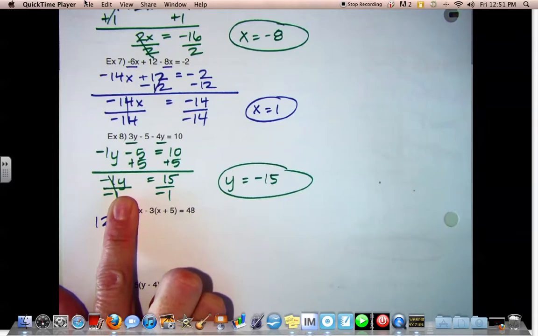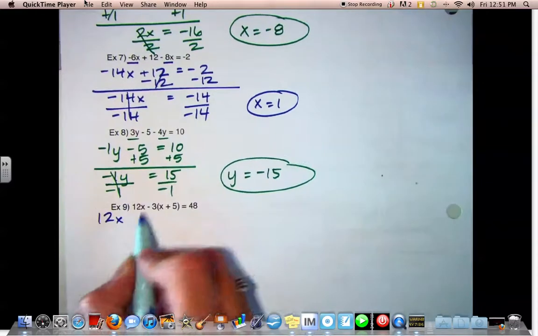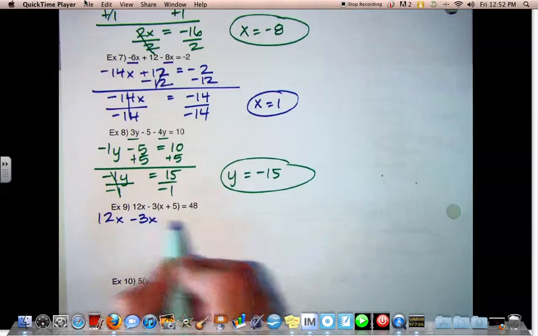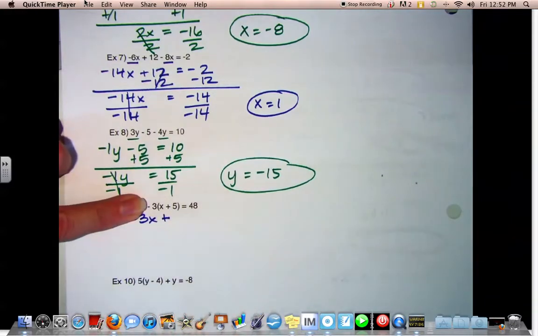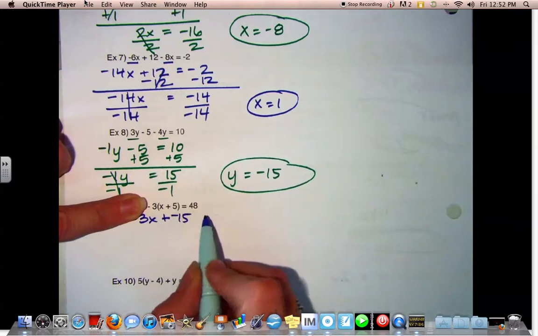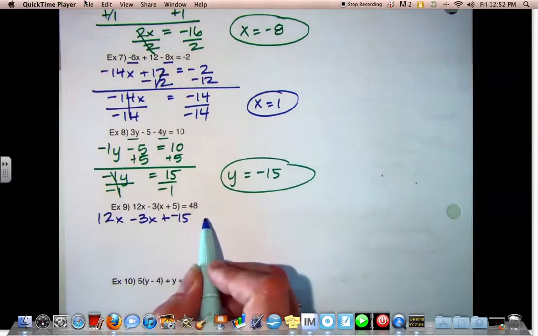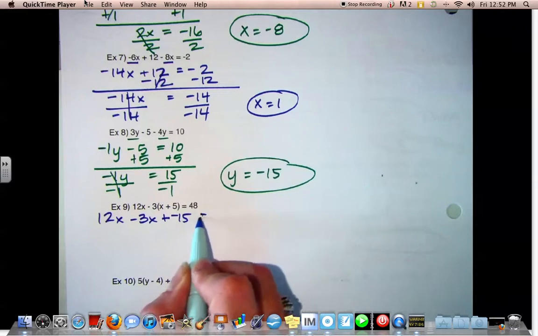Negative. So we have negative 3 times x, which gives us negative 3x. Bring down the plus, and I have 3 times negative 5, which is negative 15. Very nice. Am I done distributing? Yes. Equals 48.